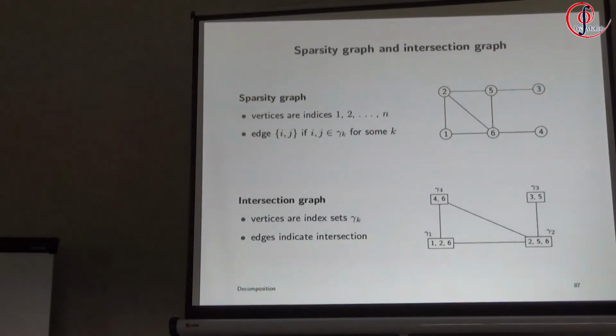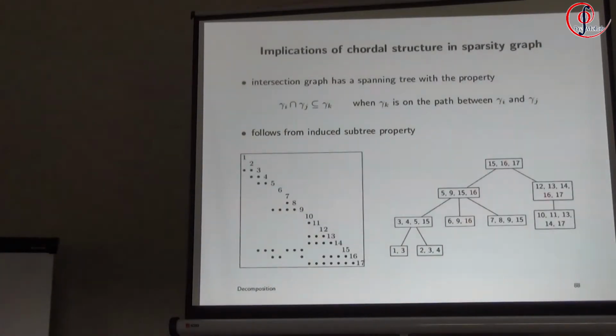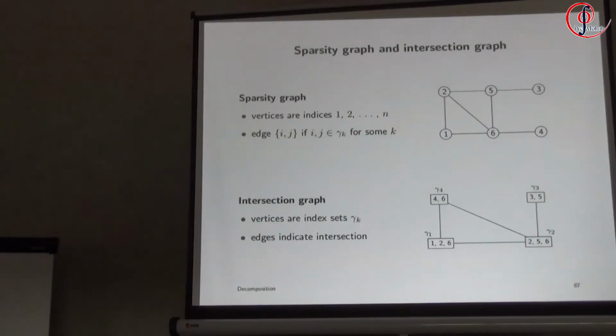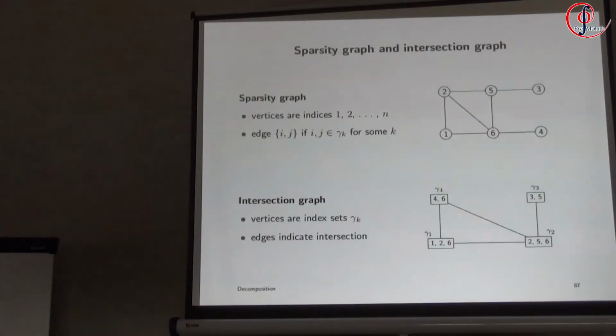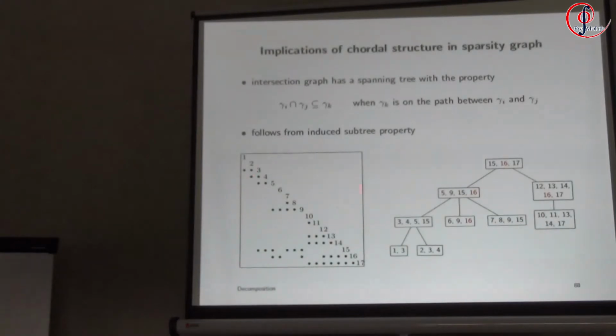Chordal structure is of importance for the sparsity graph. If this sparsity graph is chordal, then, from what we saw last lecture, the intersection graph has a spanning tree that has this induced subtree property. So this is the intersection graph for a larger problem, with these index sets.